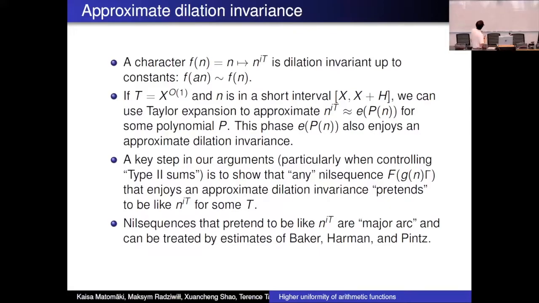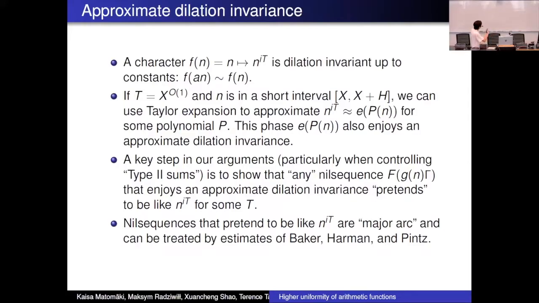So what do I mean by approximately multiplicative? It means approximately dilation invariant. If you take the standard character n^{it}, this is a function which is dilation invariant up to constants. If you dilate by any factor a, you get something which is just a constant multiple of itself. So the dilate pretends to be like the original function. On a short interval, you can Taylor expand n^{it} to be like a polynomial phase, and so there are polynomial phases that are approximately dilation invariant, in the sense that if you dilate by a small amount, you get another polynomial that pretends to be like the original polynomial.